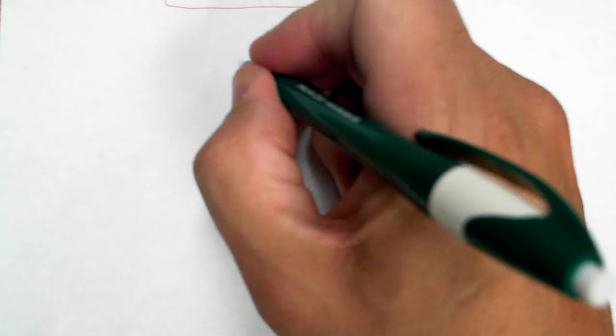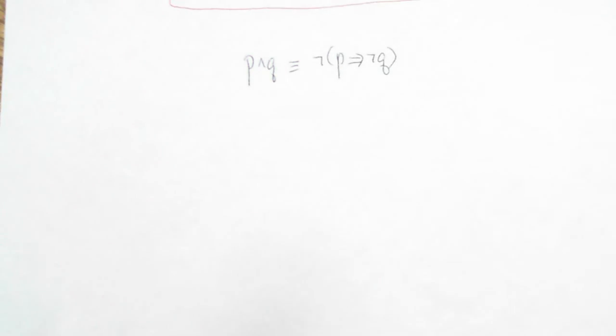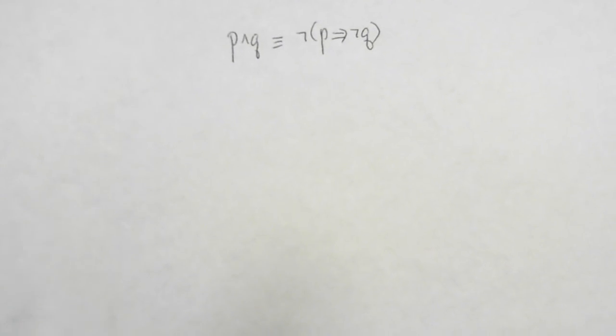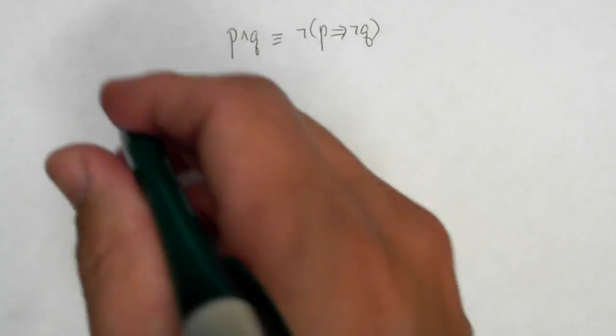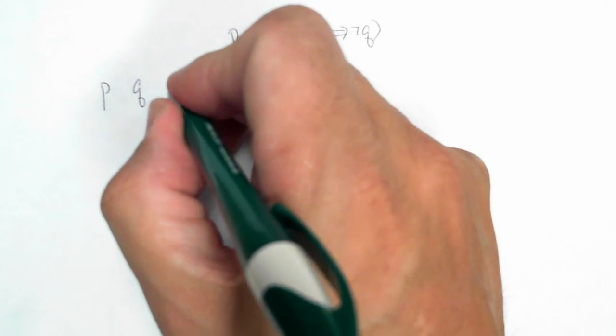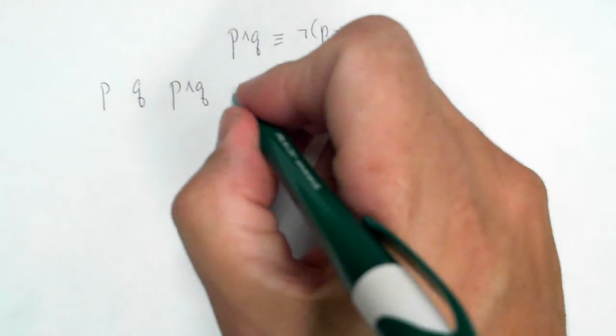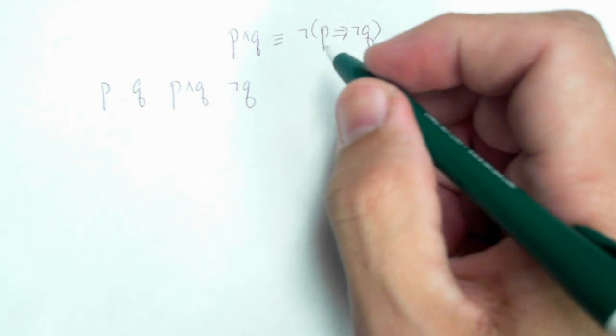Lastly, let's show the equivalence relation. P and Q is equivalent to not P implies not Q. Okay, let's do this with the truth table. So P and Q. On the left-hand side, we'll worry about P and Q. On the right-hand side, I need to figure out what not Q is.